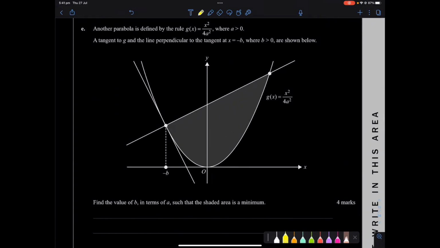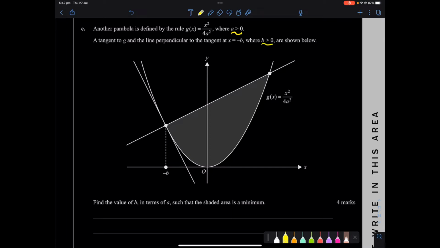Question E. Another parabola is defined by the rule g of x equals x squared over 4a, where a is greater than 0. So a tangent to g, and the line perpendicular to the tangent at x equals negative b, where b is greater than 0.